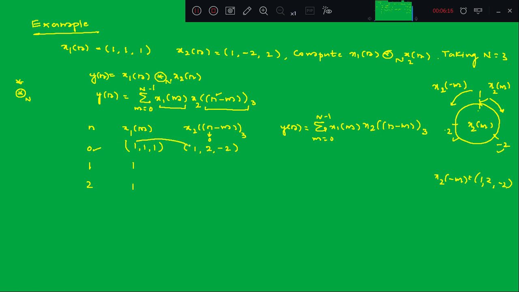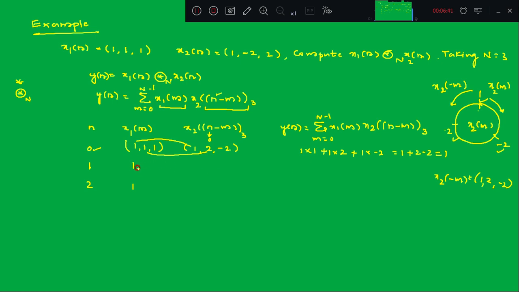So 1 into 1, plus 1 into 2, plus 1 into minus 2. What you will get is 1 plus 2 minus 2, which is equal to 1.